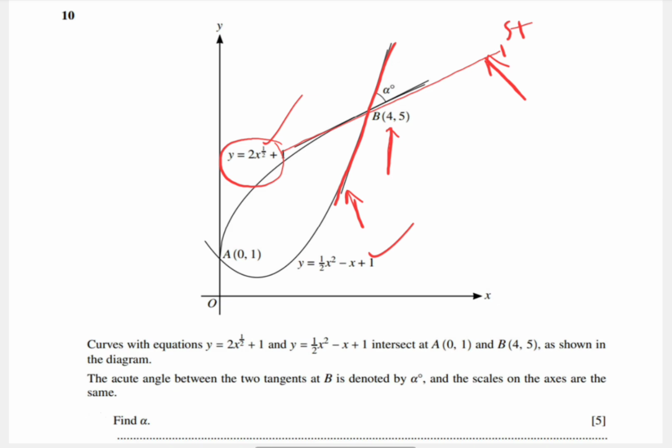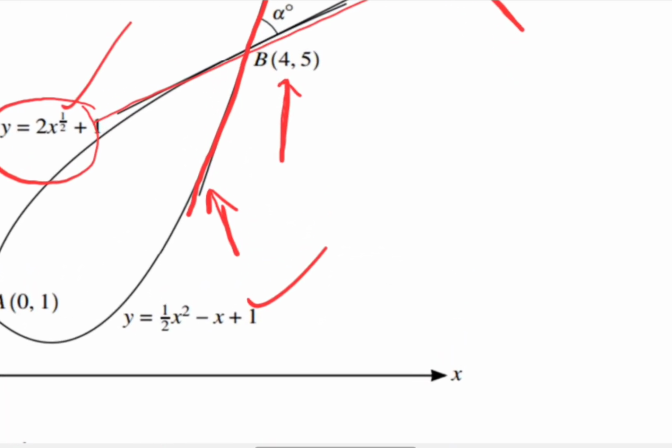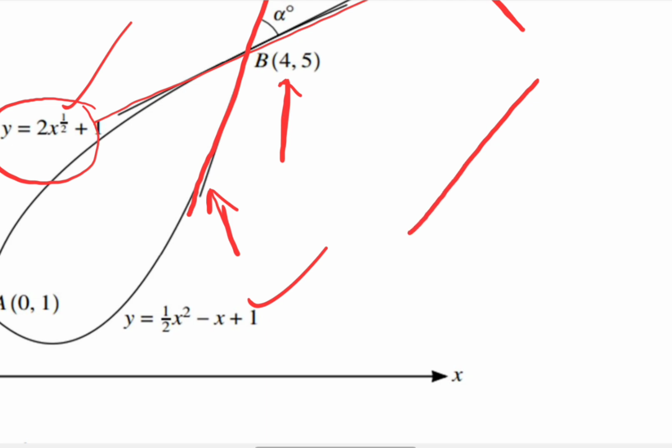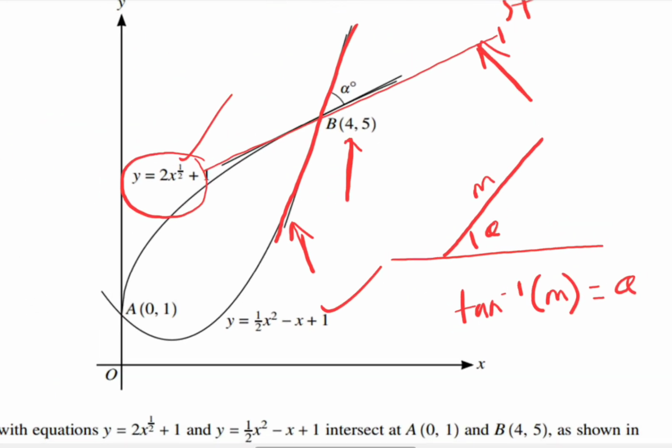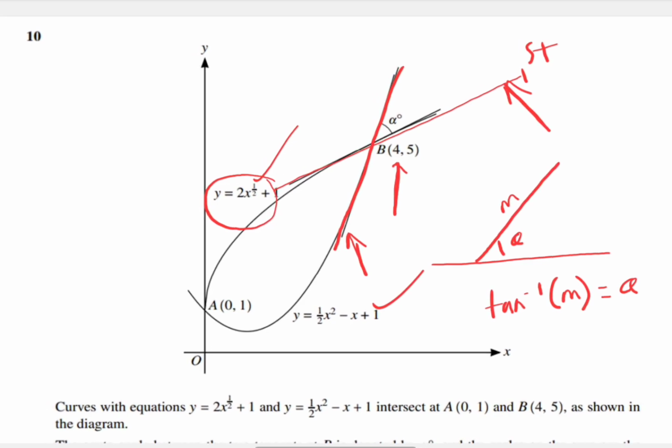Then after that, I'm going to use the understanding that if I have a slanting line and a horizontal line like this, to get this angle, if I have the gradient of the slanting line, I say tan inverse of the gradient, and I get the angle, right? And for us to get this, we're going to do it this way.